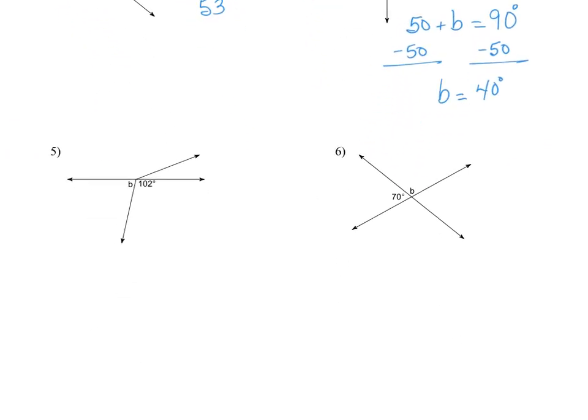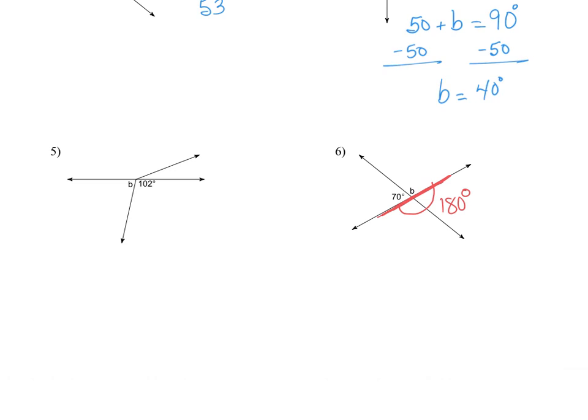Here, similar situation, but in this case what we have is a straight angle or a line. Now, hopefully you will remember that a straight angle or a line is a total of 180 degrees.